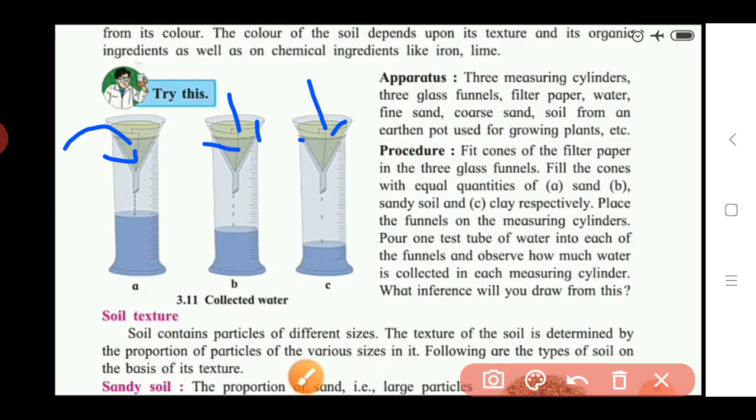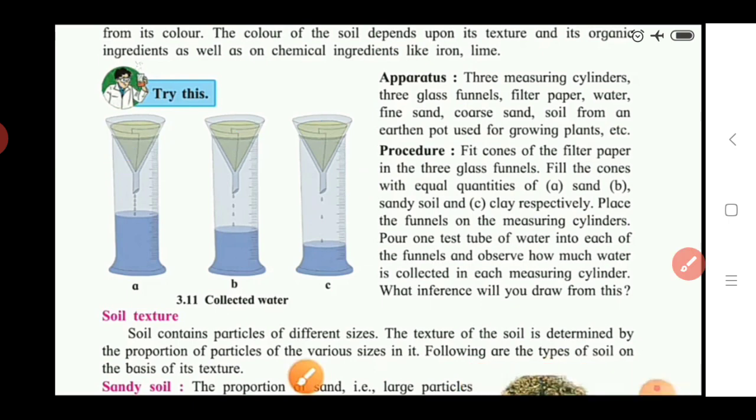Drainage of the water takes place easily from the first one, fine sand, as compared to the clay, and the water holding capacity is more in the clay as compared to the sand particles.